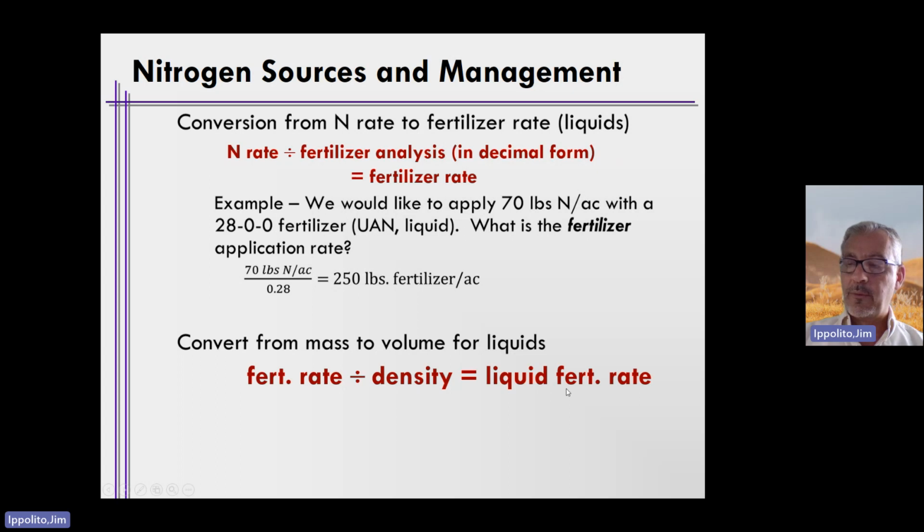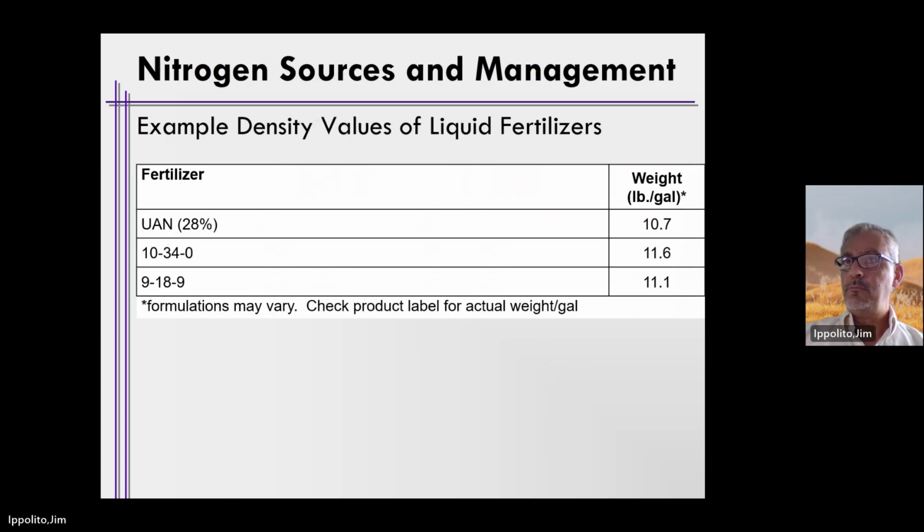And that will tell you the liquid fertilizer rate that you need to apply. So when you're purchasing or you've already purchased a liquid fertilizer, there should be a density somewhere on the outside of that fertilizer. So for example, urea ammonium nitrate at 28% total nitrogen has a density of 10.7 pounds per gallon.